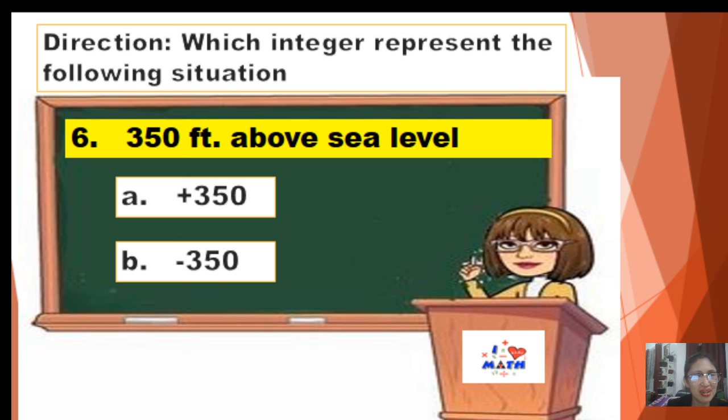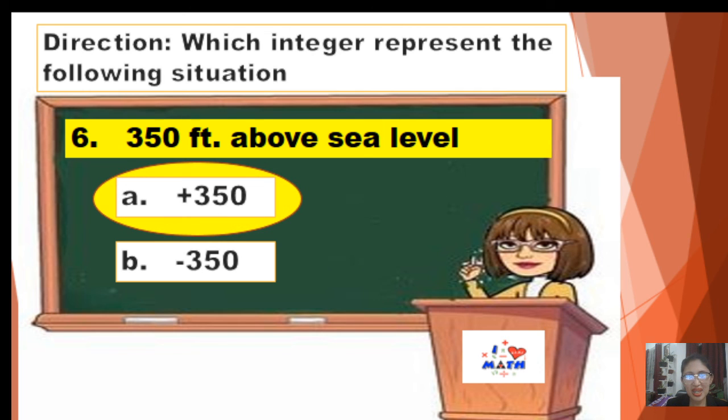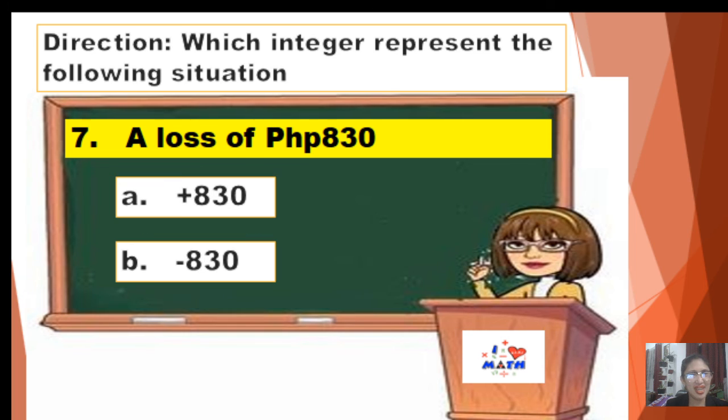Let's have another. 350 feet above sea level. Is it A, 350 or B, negative 350? The answer is letter A, positive 350. Very good. Okay, one last.